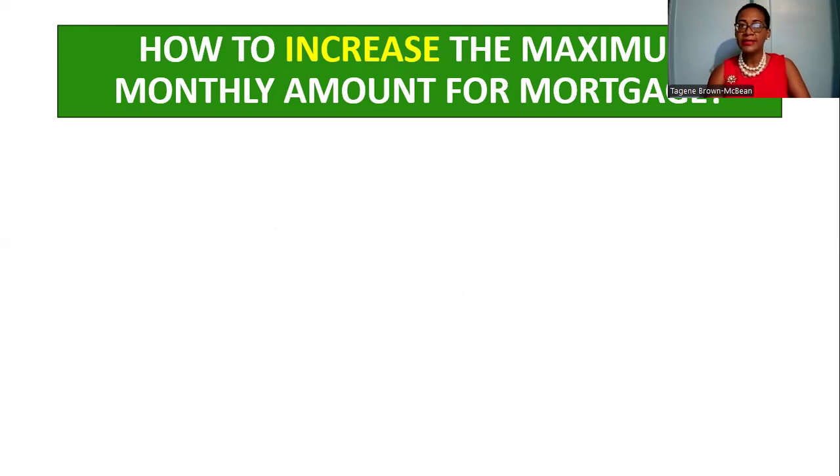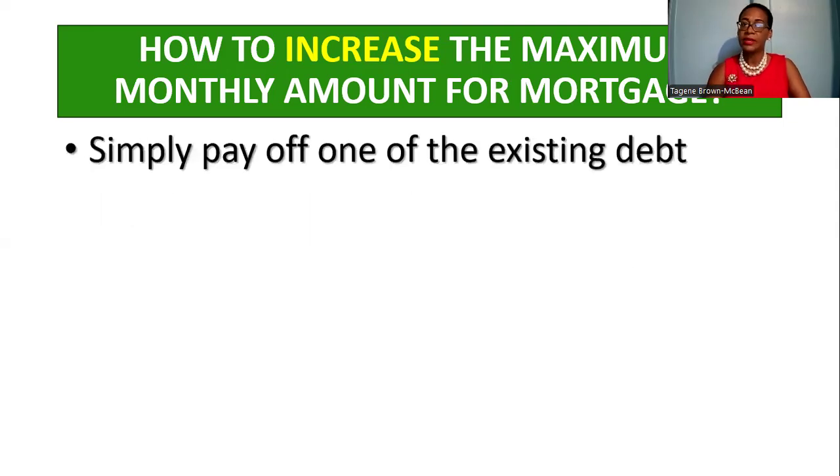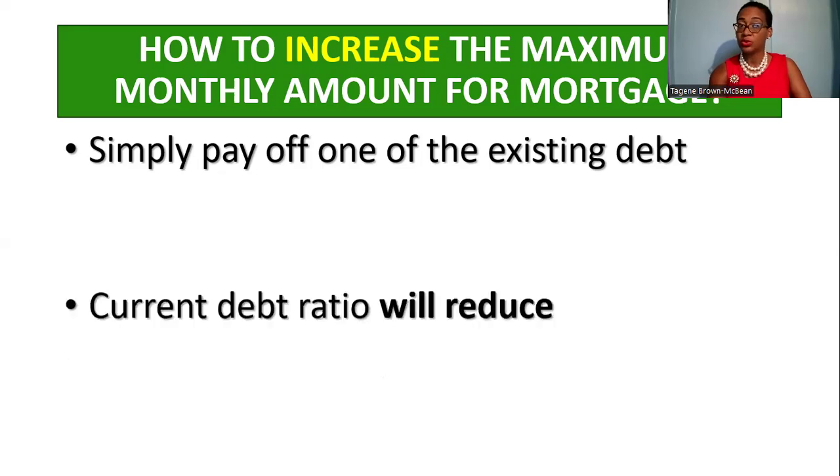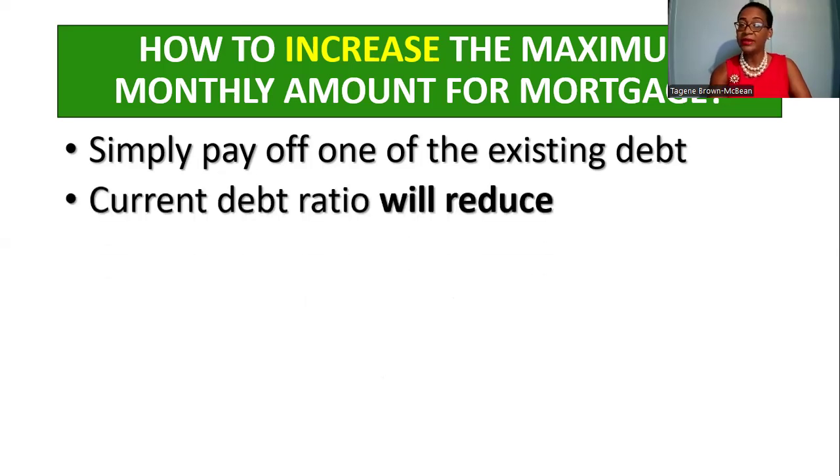To increase the maximum monthly amount for a mortgage, do this. One, simply pay off at least one of the existing debts. Number two, what will happen is that your debt to income ratio will reduce.